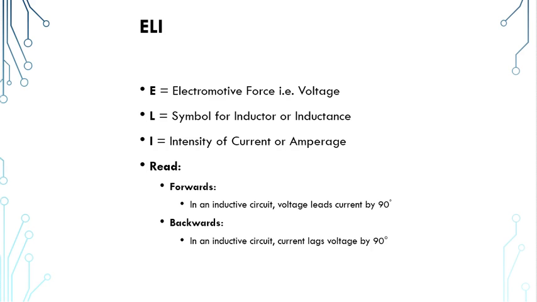Reading it forwards, going left to right on the oscilloscope, in an inductive circuit, voltage will lead the current by up to 90 degrees. If it's purely inductive, it will be 90 degrees. If we have resistors mixed in there, it'll be up to 90. Reading it backwards, right to left, in an inductive circuit, the current would lag the voltage by up to 90 degrees.